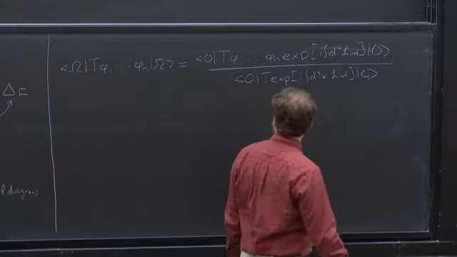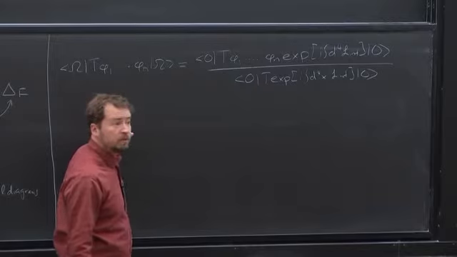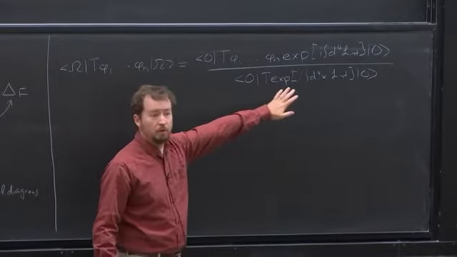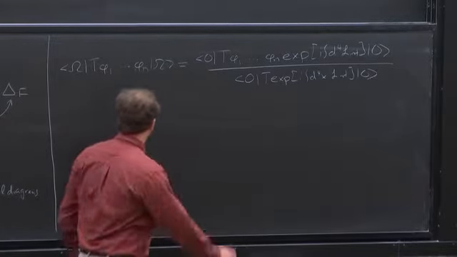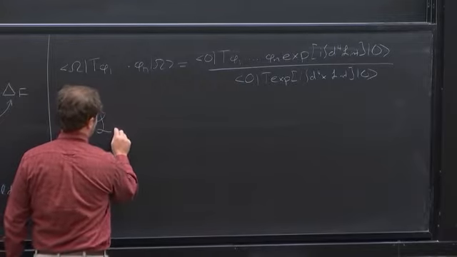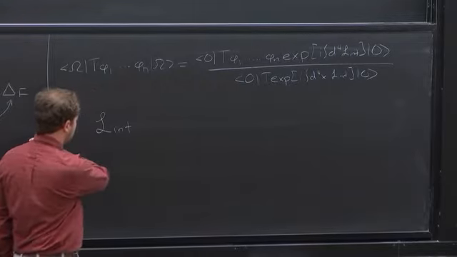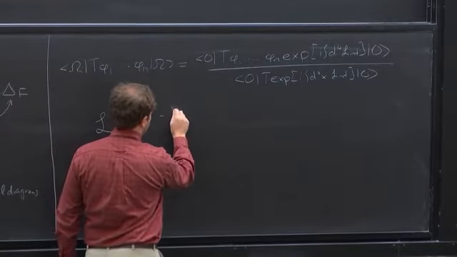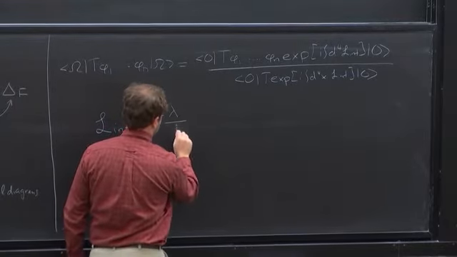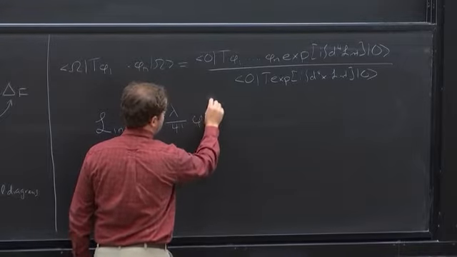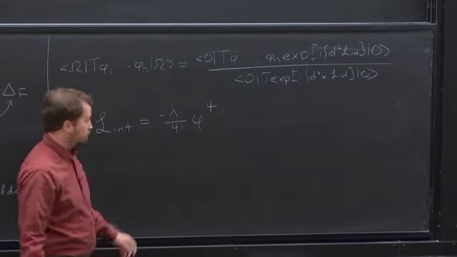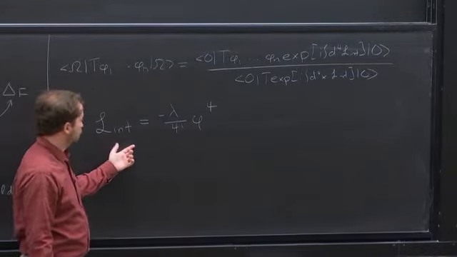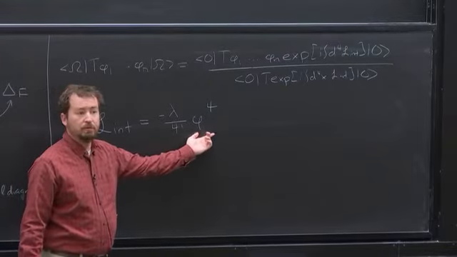For concreteness, let's consider a particular theory, a particular interaction Lagrangian. We will consider, for most of today's lecture, what's called phi-4 theory. We're adding an interaction term that has the field to the fourth power.